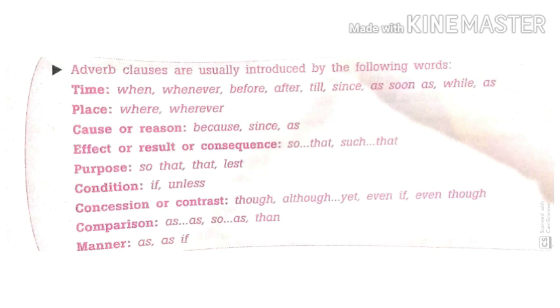It is such that. Purpose, so that. That. Lest. Lest means otherwise. Condition, if, unless. Concession or contrast. Contrast के लिए कौन से words आते हैं? Though, although, yet, even if, even though. Comparison. As, as. So, as. Than. Then manner.